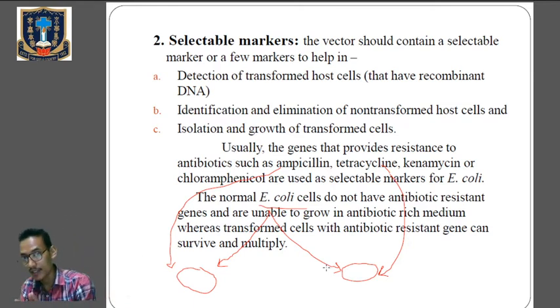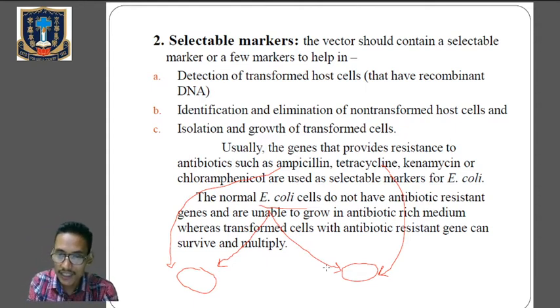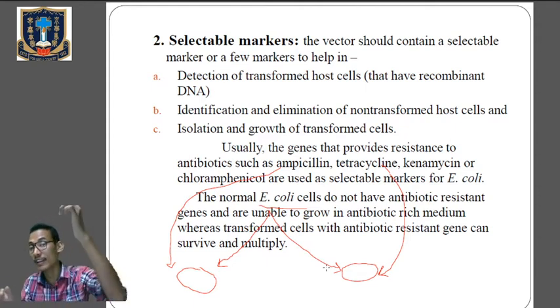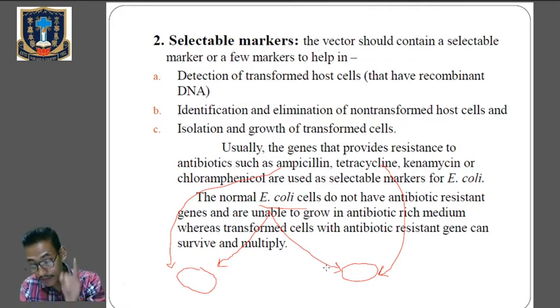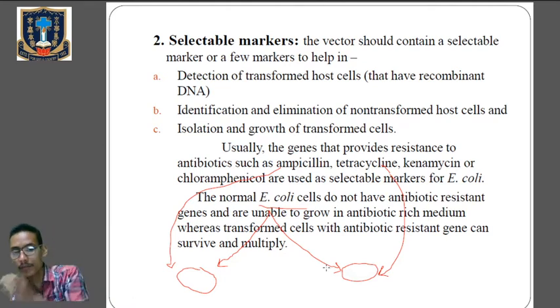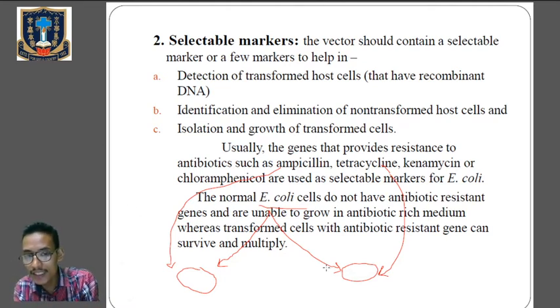Clear? But by the process of recombinant DNA technology, now try to recall that technique. If we insert the foreign DNA having the antibiotic resistant gene, listen very carefully, into the E. coli cells, for example, let's say we are putting the ampicillin resistant gene into the E. coli cell.